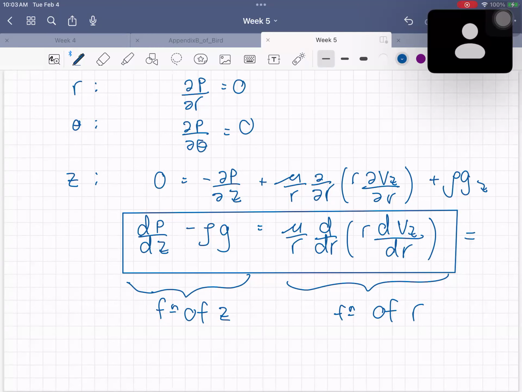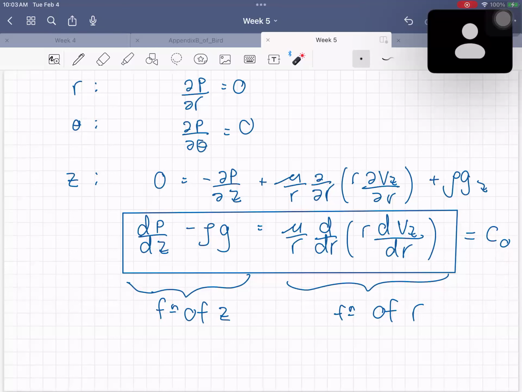So I'm going to make it equal to C0, okay? That means the left-hand side term is equal to C0. Also, the right-hand side term is also equal to C0 because the left side term and right-hand side term are equal.